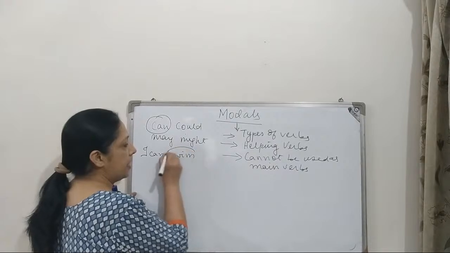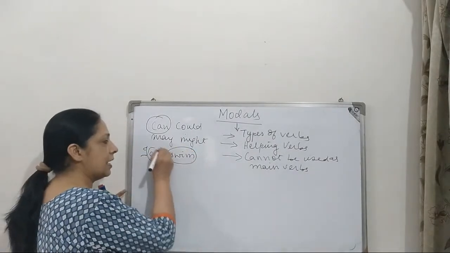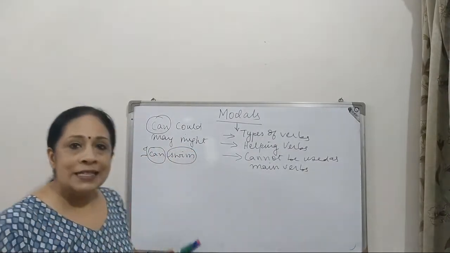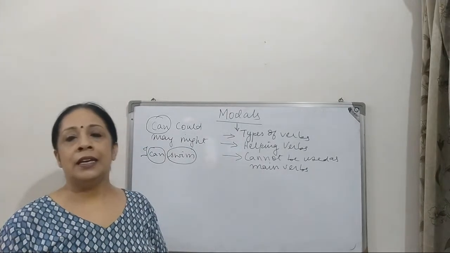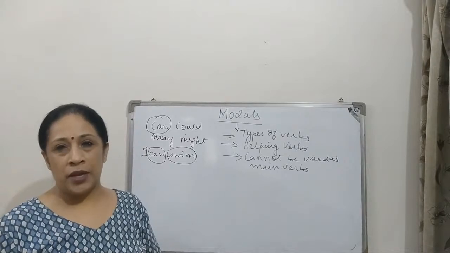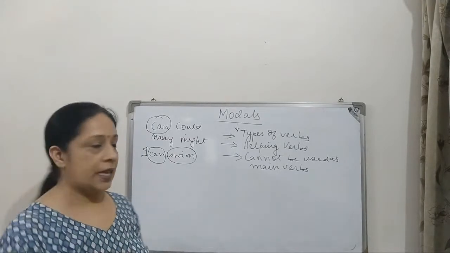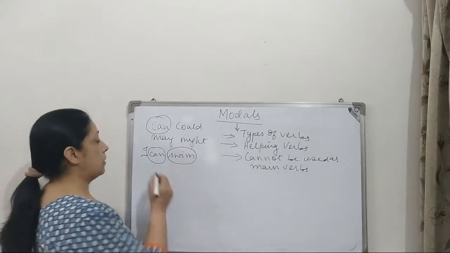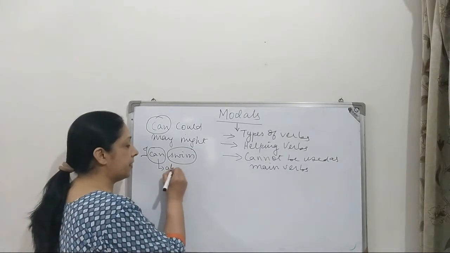Here the main verb is swim. The helping verb tells us what the writer wants to say, and this shows ability.